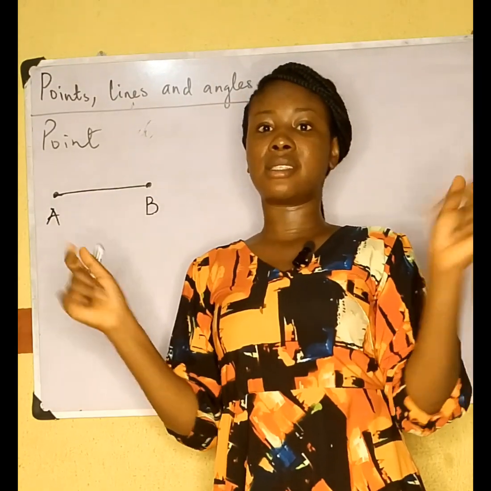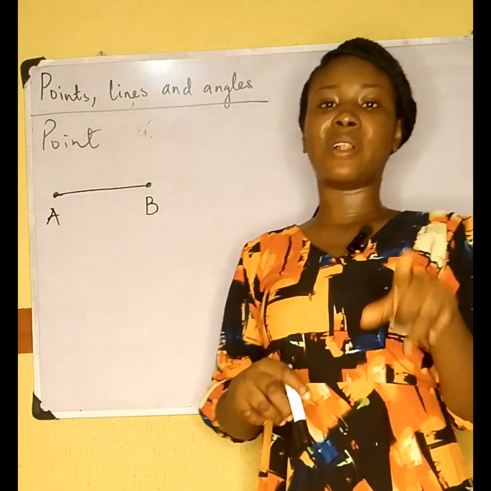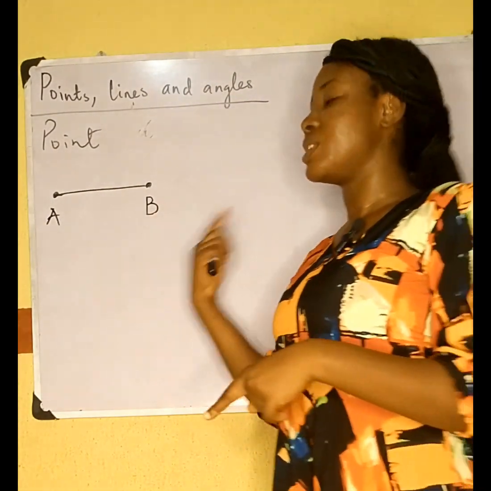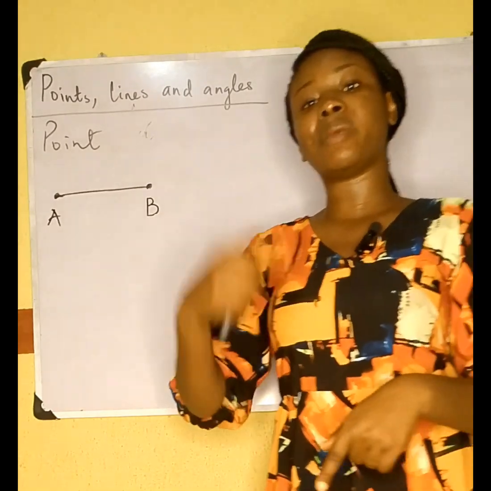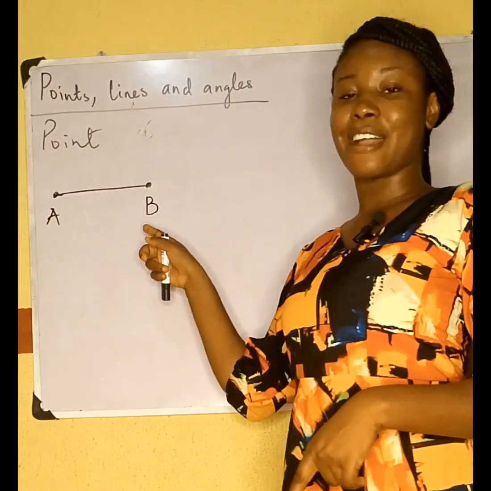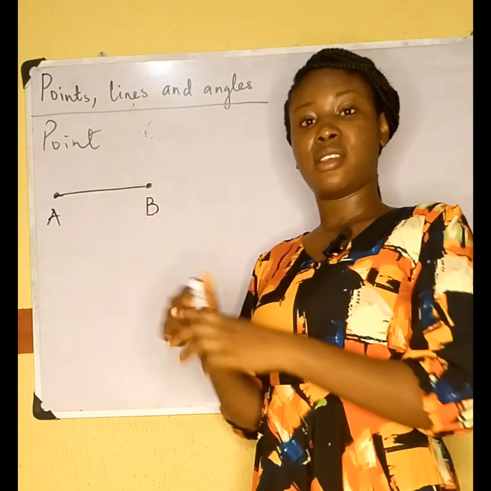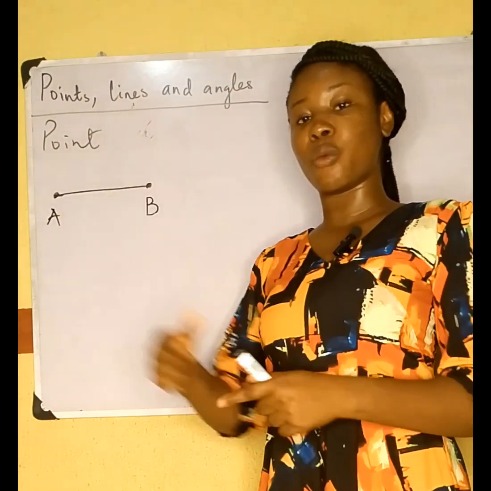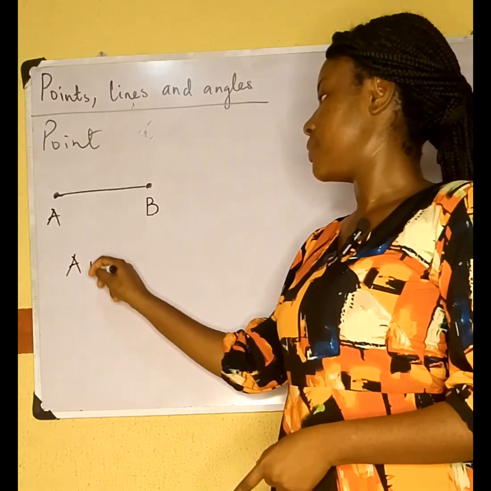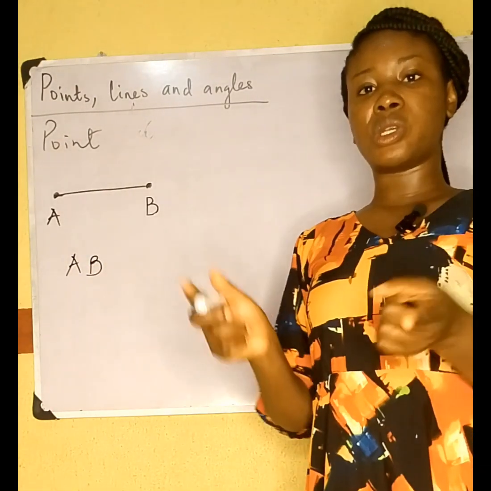As simple as that. And the beautiful part about lines is that we use the 2 points that form the line to name a line. Because point A and point B form this line, they will now form line AB. And there are 2 ways of writing it.